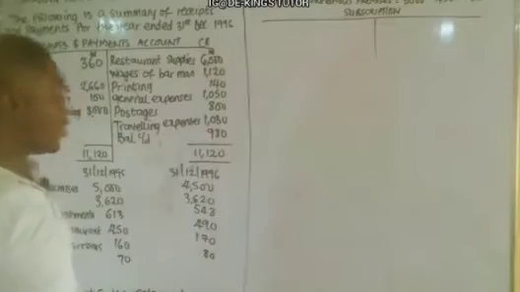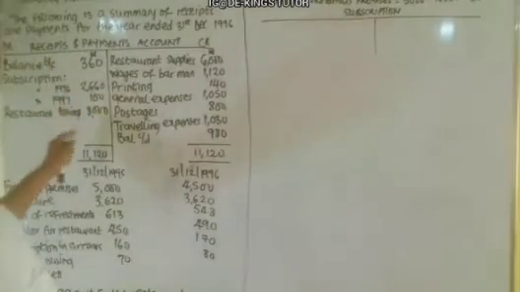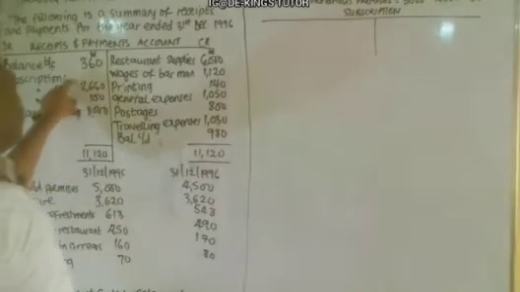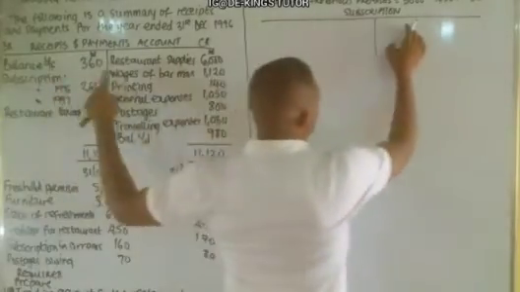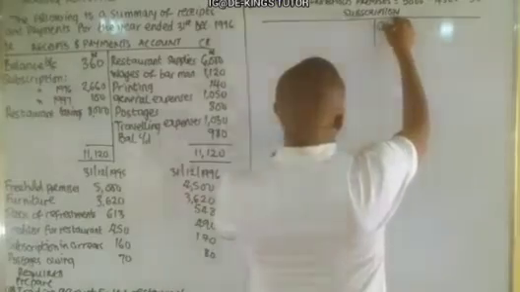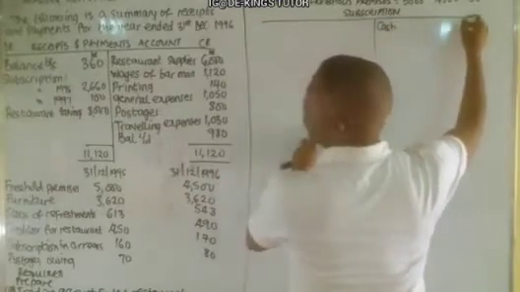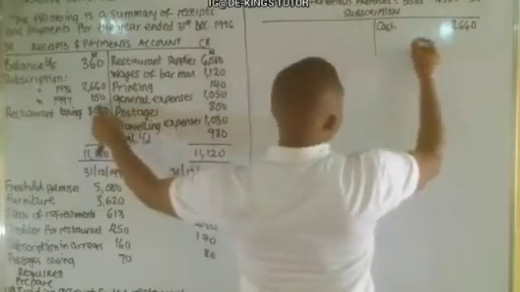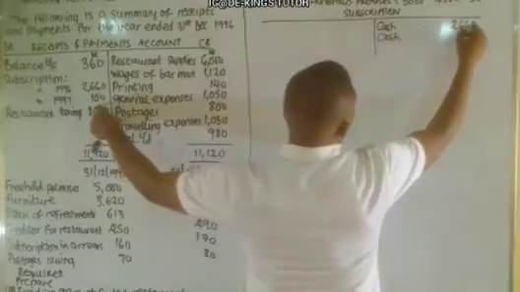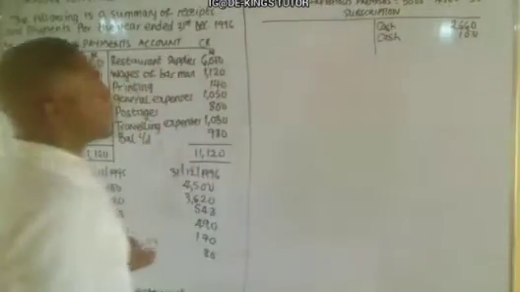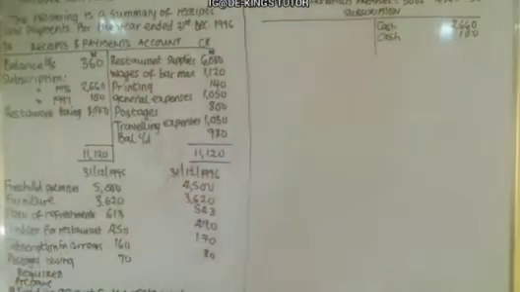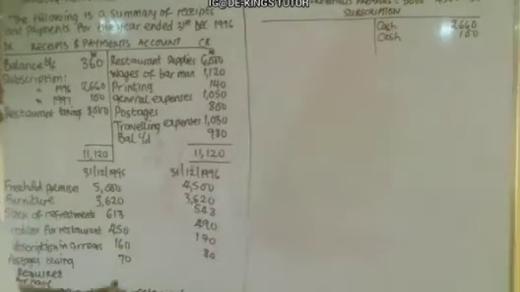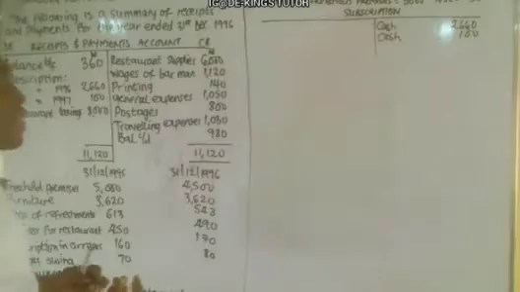Now subscription, if you check in the receipt and payment account, they received this. So the corresponding entry will come here as cash: 2,060 and another cash of 100. If you come here in the additional information, we have subscription in arrears, 160 and 170.